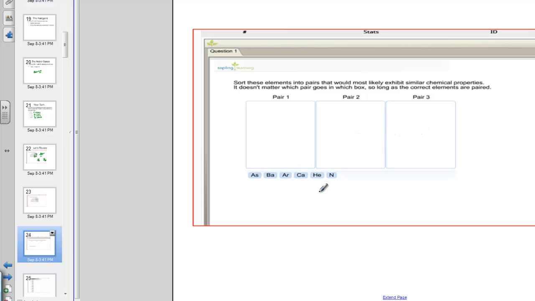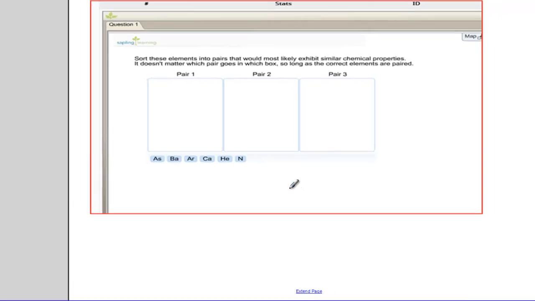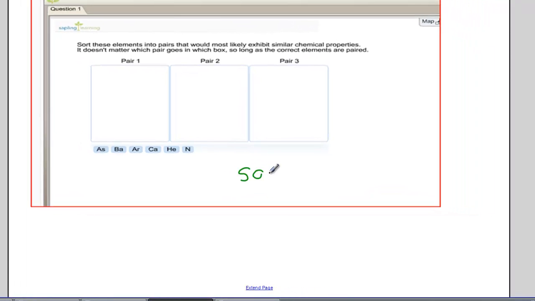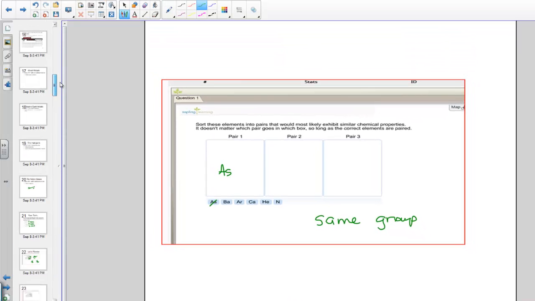And remember, the properties are going to come from being in the same family or same group, same column on the periodic table. So let's just put arsenic into the first box. Let's find out of these other choices who is in the same column as the element arsenic.